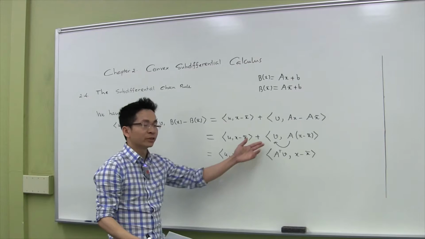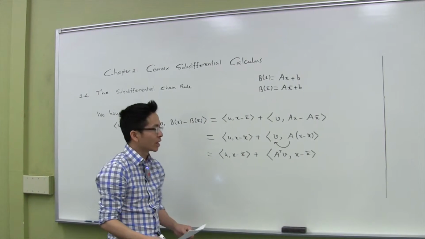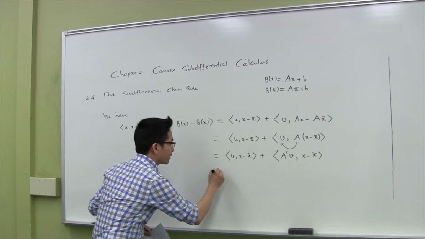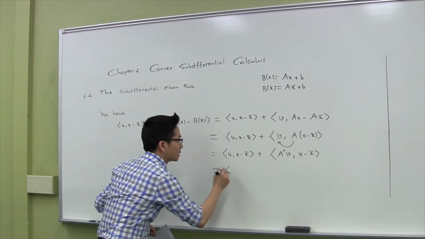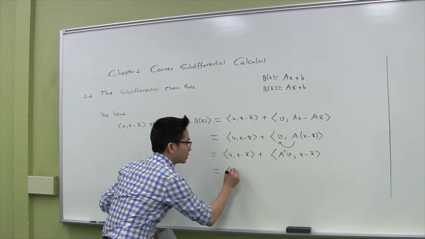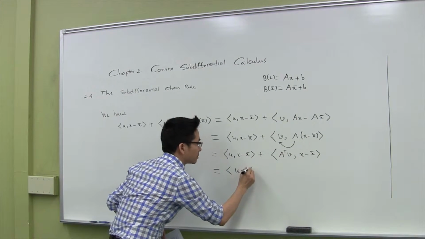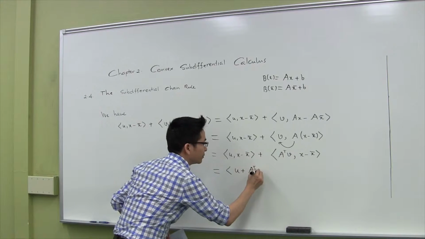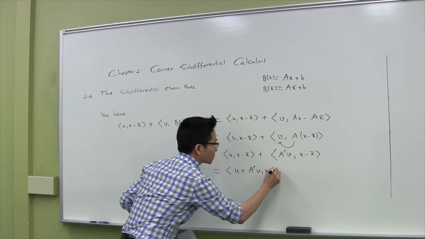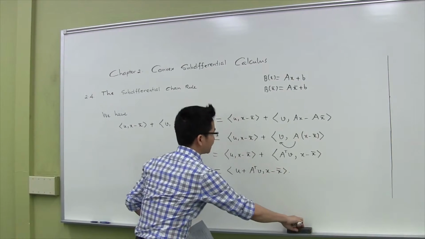This is a very familiar formula from linear algebra. So then we have the following. This is the same as the inner product of u plus the transpose of A times v and x minus x bar.